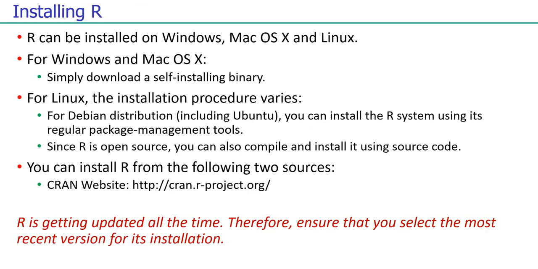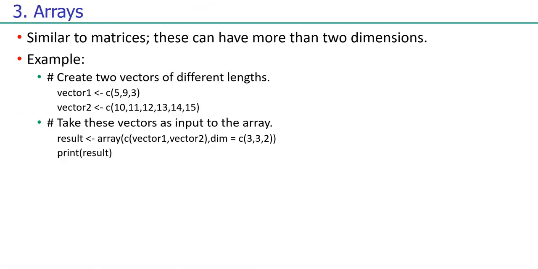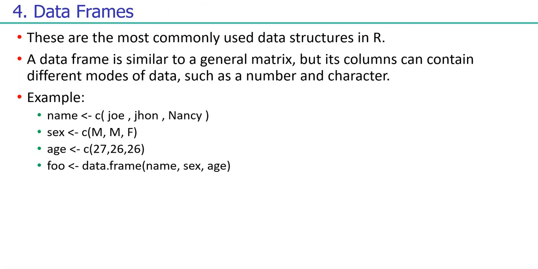Next, the fourth data structure is data frames. Data frames are heterogeneous type, and these are the most commonly used data structures. Whenever you have data in different formats like CSV or any other format, you can just load the data and a data frame is created.